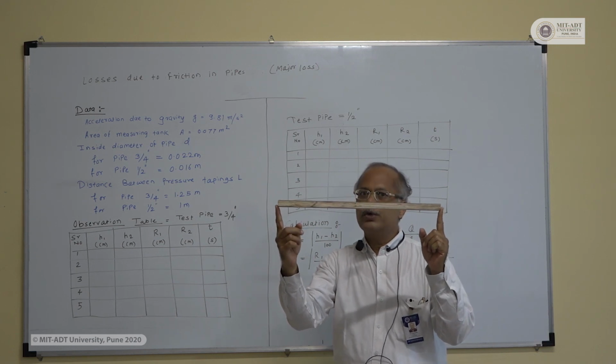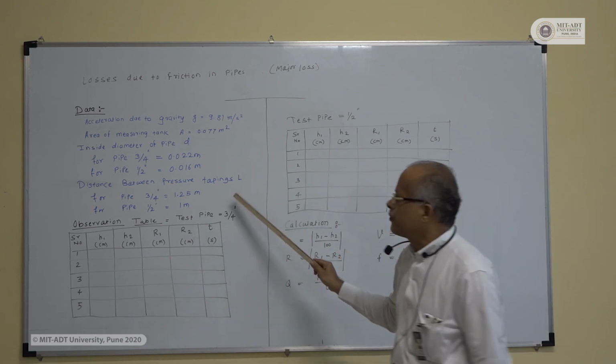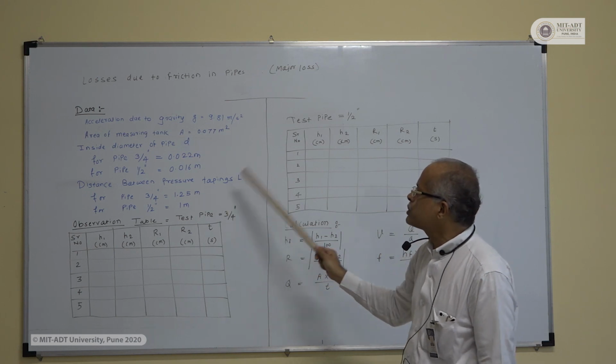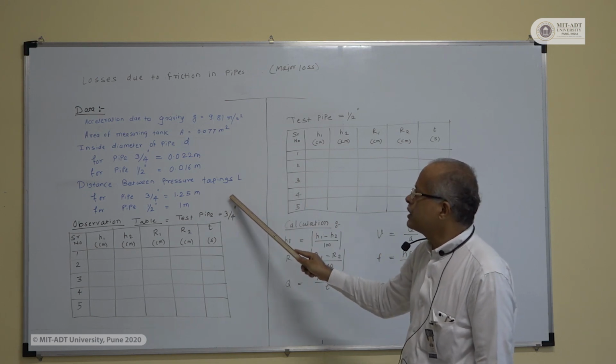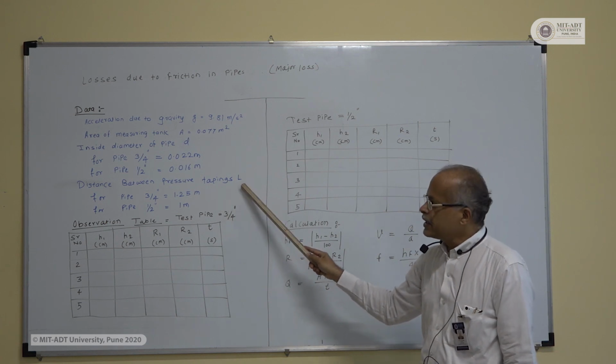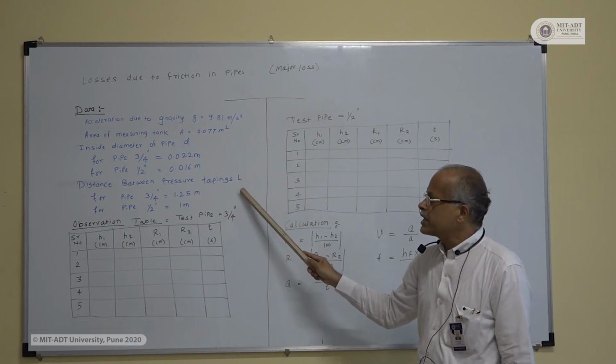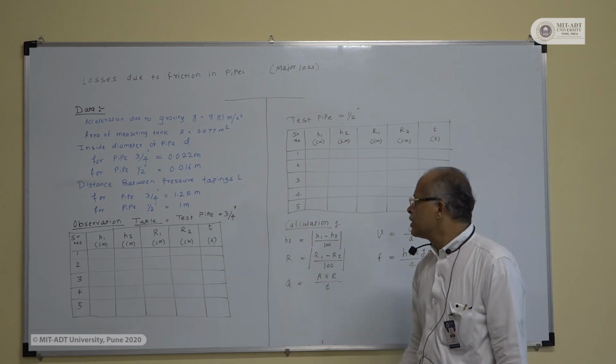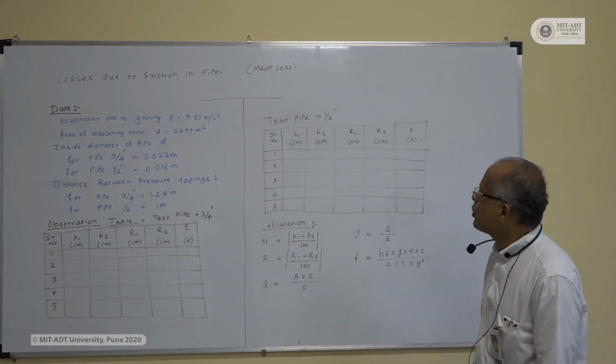The distance between the two tappings is L. This is important, because the friction factor equation uses this length L, and across this length the pressure head loss is measured.